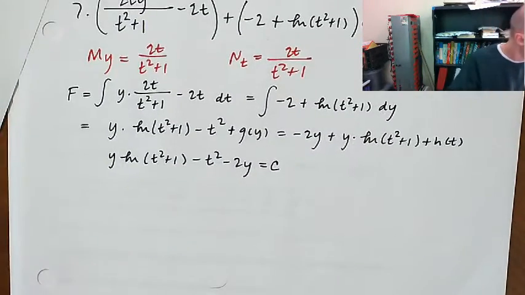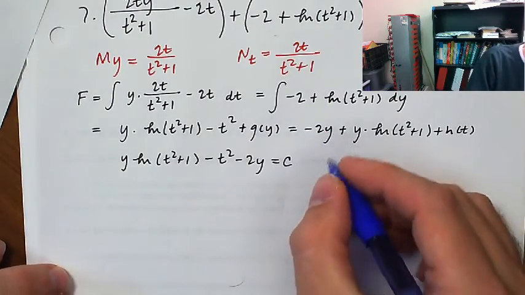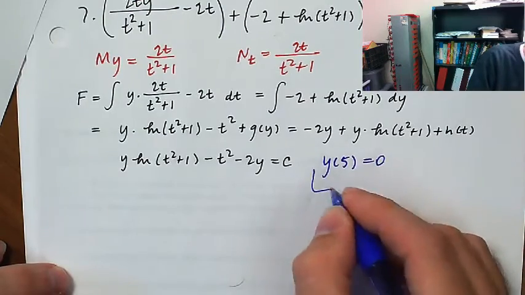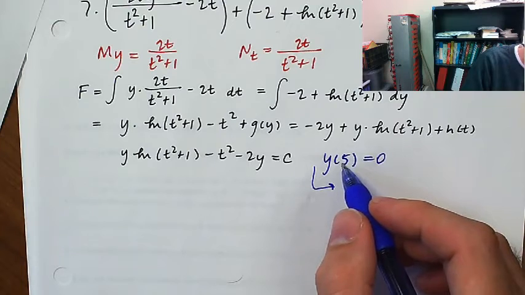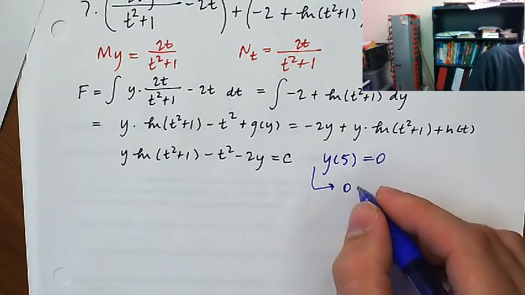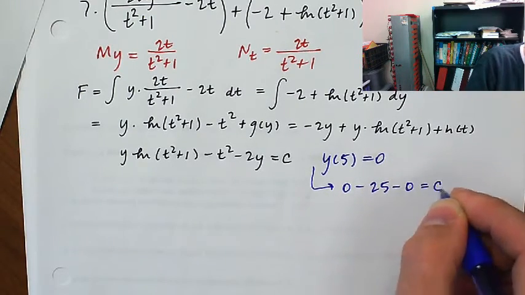And then I was told in the statement of the problem that y of 5 equals 0. Okay, so that's going to tell me that, well, when t is 5, y is 0. Okay, so 0 times that log minus 25 minus 2 times 0 is equal to c.